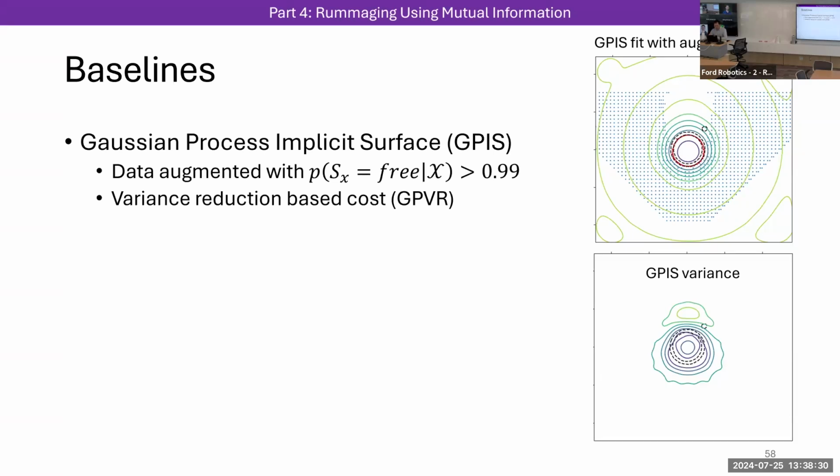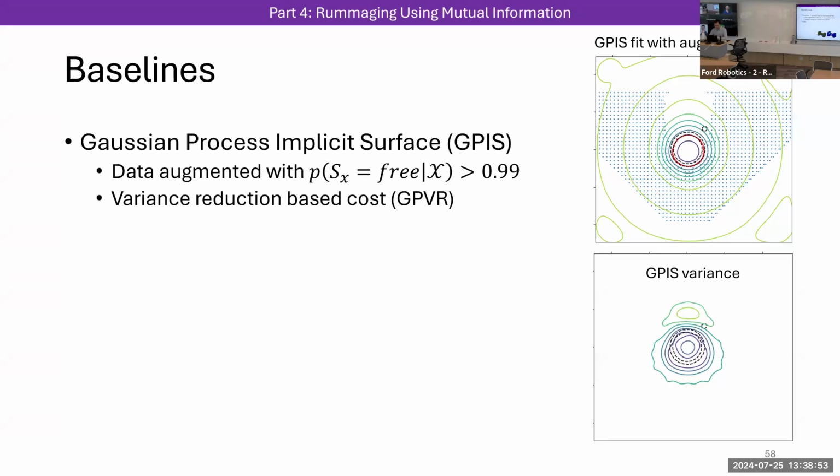So to do so, we augment the input data to the GP with the workspace points that have high free space semantics value. If we don't augment the data, then we observe that the GP baseline will explore the corners of the workspace where we don't have any observed free space points.